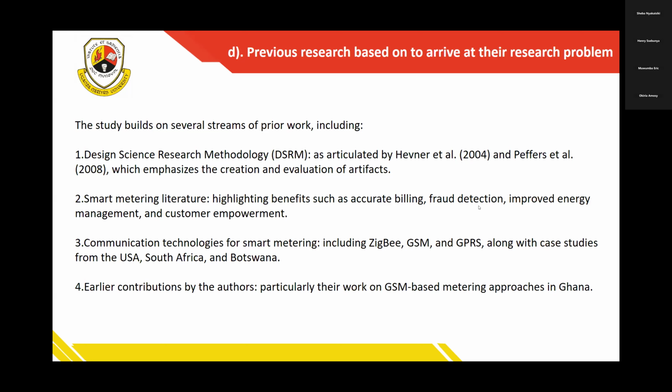In case a customer yesterday was consuming 5, but today is consuming 10, another time consuming 4, the system was able to detect fraud, and also improved energy management and customer empowerment, because when they outfit these meters, the customers were going to have capabilities of checking their meters via mobile. They'll be able to receive notifications in case they are running out of credit.